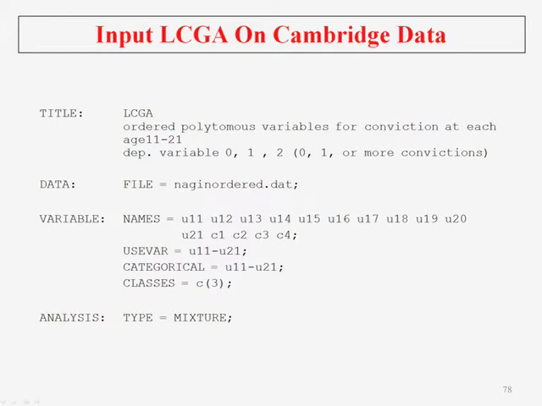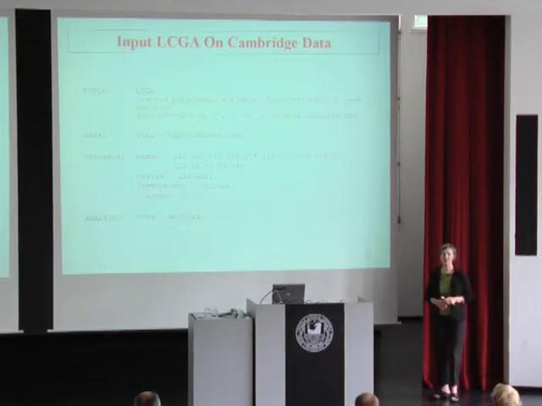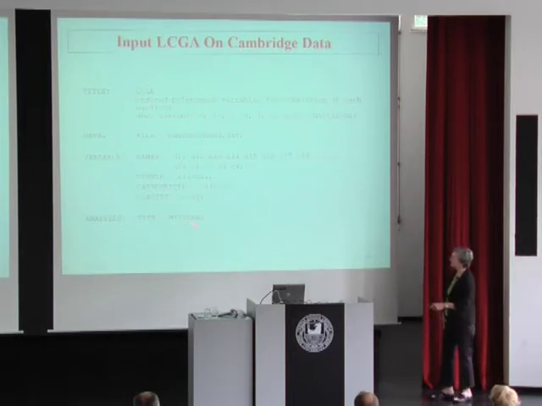And in LCGA, the growth factor variances are fixed at 0 and the growth factor covariances. So we have no dimensions of integration. And that's the default if you say type equals mixture in Mplus. If you want the variances to be estimated, you have to add algorithm equals integration to the analysis command.